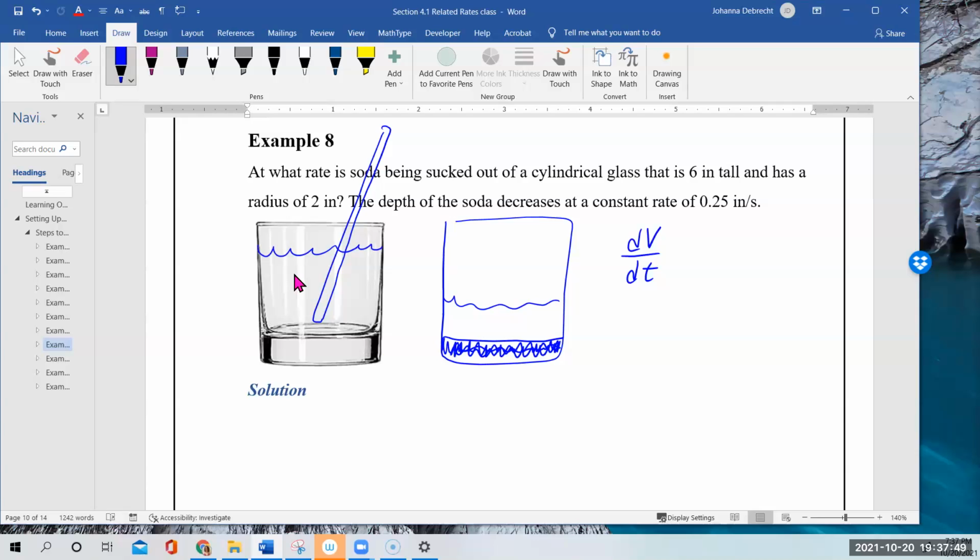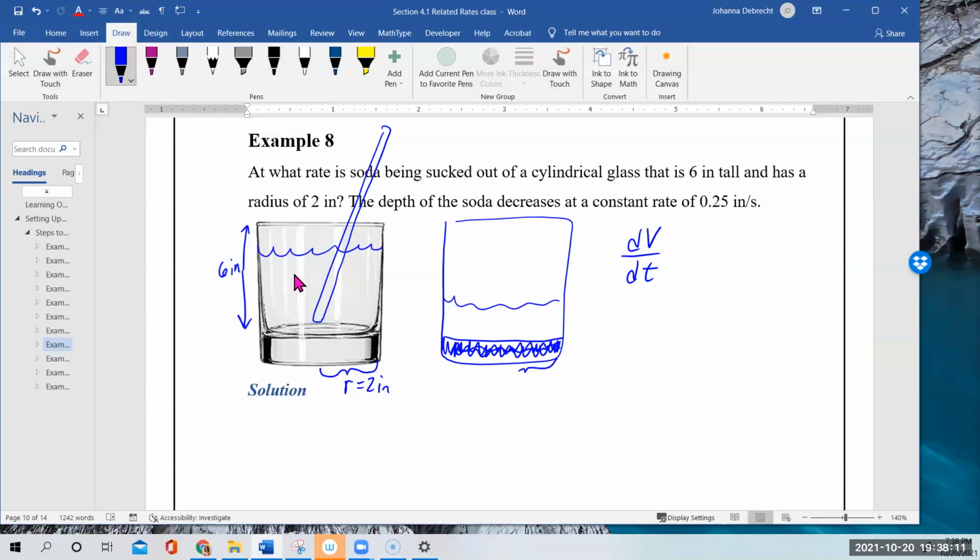It's coming out of a cylindrical glass that is 6 inches tall. By 6 inches tall, we're going to assume that they mean the glass will hold 6 inches of liquid and has a radius of 2 inches. The radius of the glass is 2 inches.